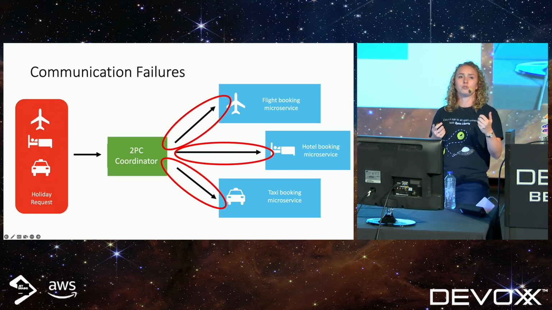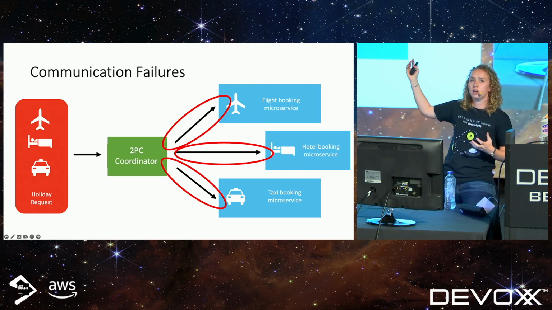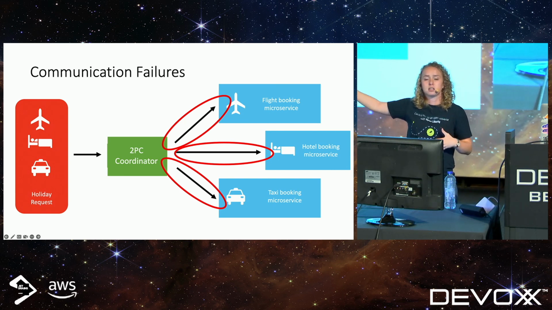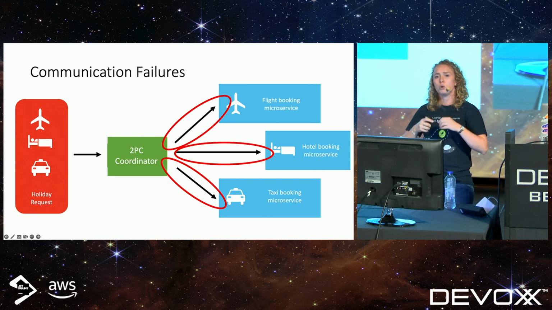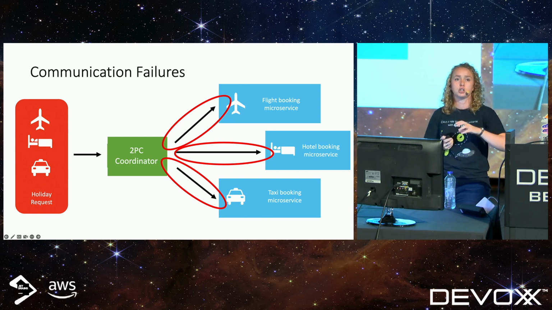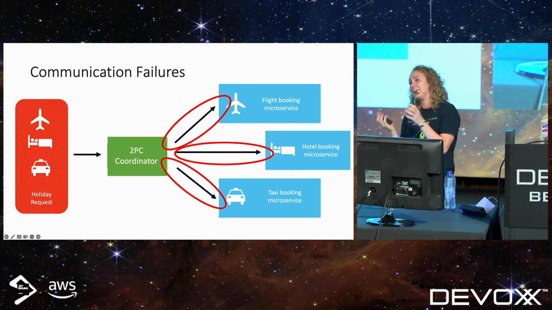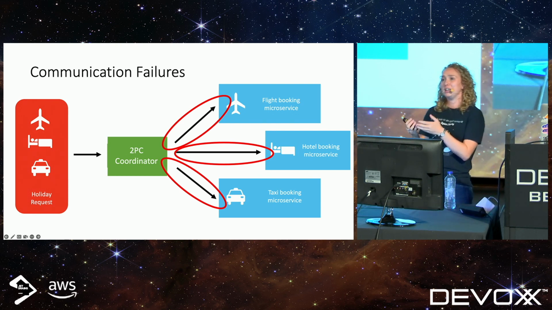Other ones include the fact that, you can see in my diagram, we've got a lot of communication that has to go on here, from the coordinator to the microservices and back again to get that consensus. And you're not using local communication anymore. We're now reliant on network communication for this to go between the various components of your application. And as a lot of us will know, if we're building cloud-native apps, that communication isn't always reliable, especially when you're reliant on the cloud.